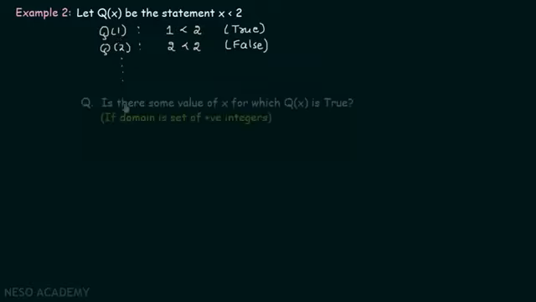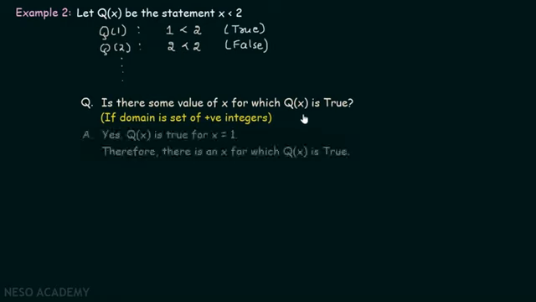So my question is, is there some value of x for which Q(x) is true? I am considering the domain as the set of positive integers. Yes, of course, there is some value. Q(x) is true for x equal to 1. Therefore, there exists some x for which Q(x) is true.